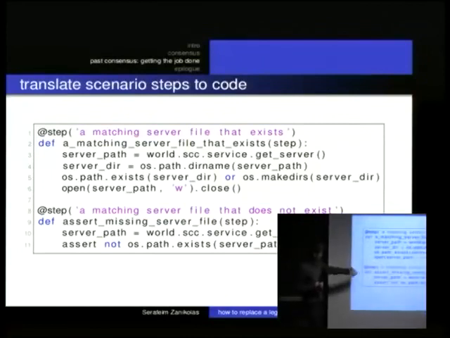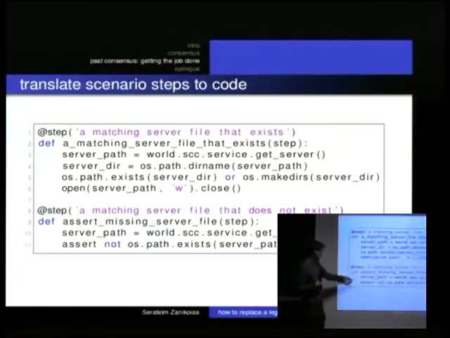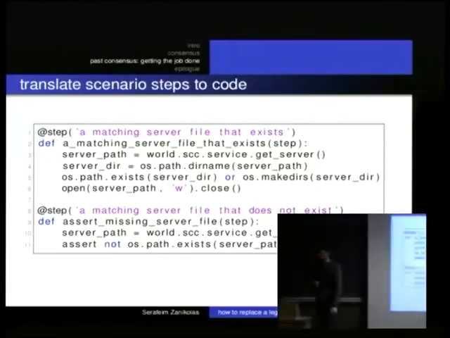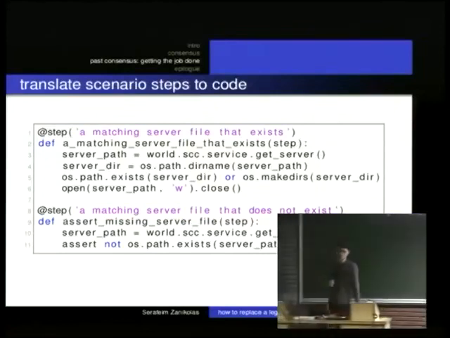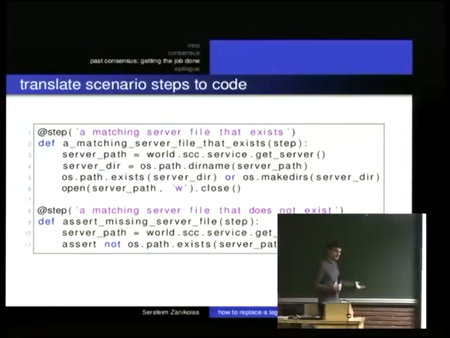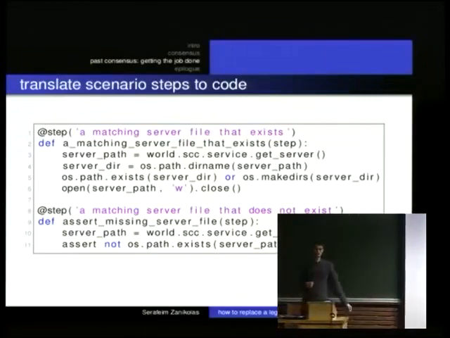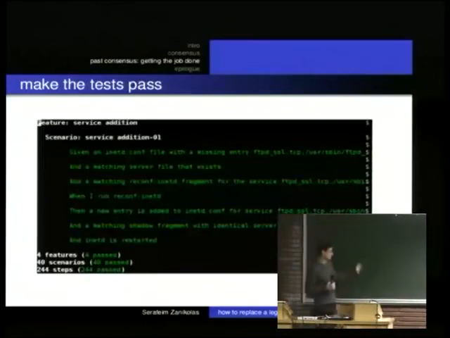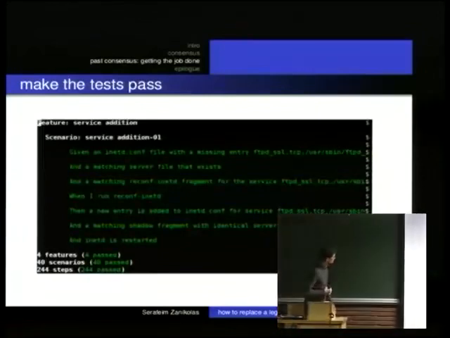And the opposite, given a matching server file that does not exist, it's just an assertion that the file is not there. So we write the code for all the steps. We run the tests, we see them fail, then we write the actual functionality of the code, and we keep doing that until all the tests pass.